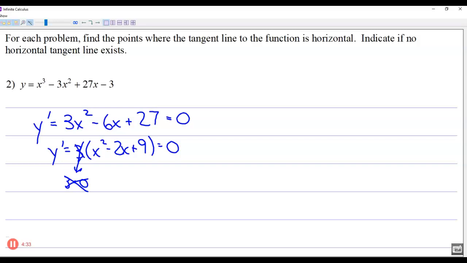We do have to check it and make sure. How can I verify algebraically that there's no solution? The quadratic formula? Yeah, so you guys remember the quadratic formula? I'm not going to do the whole thing.